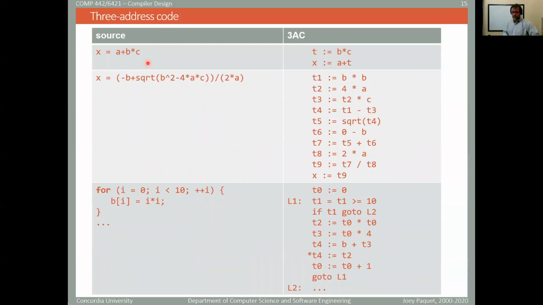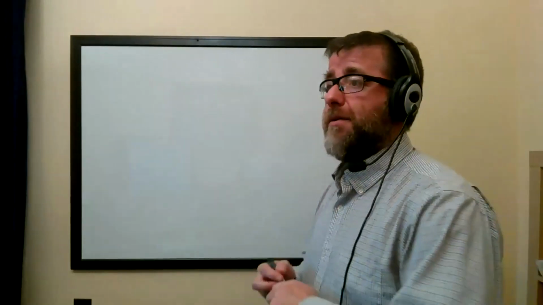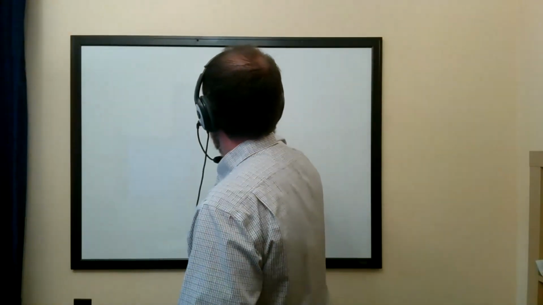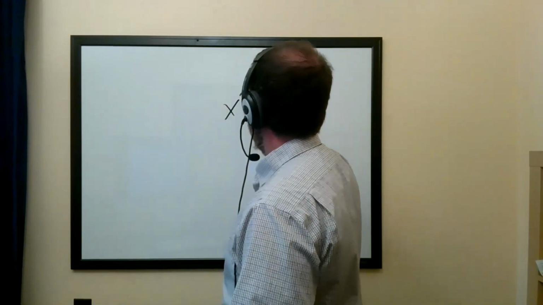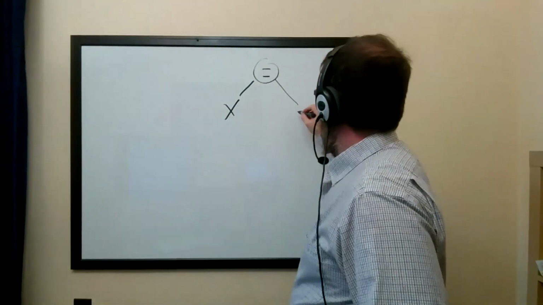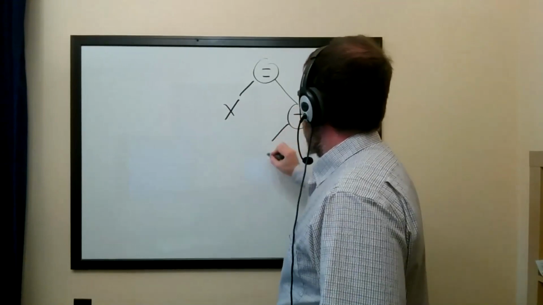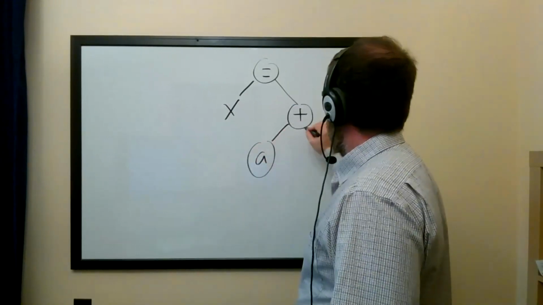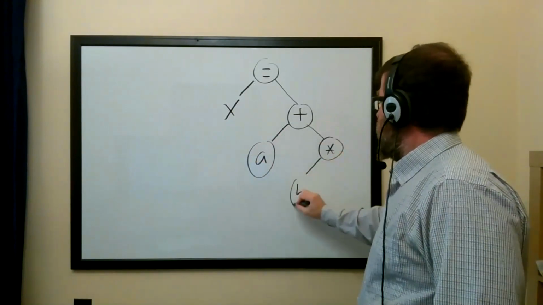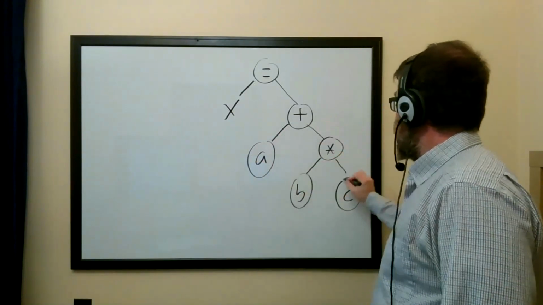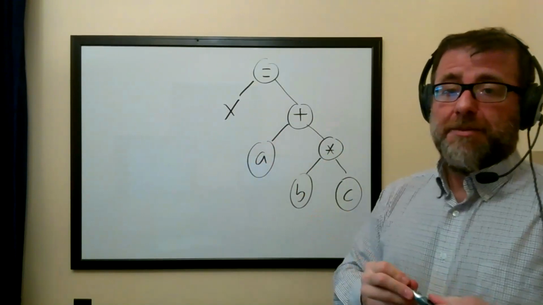So let me share this so that we can see better. You have x is equal to plus a times b c. So that's what we're talking about here.